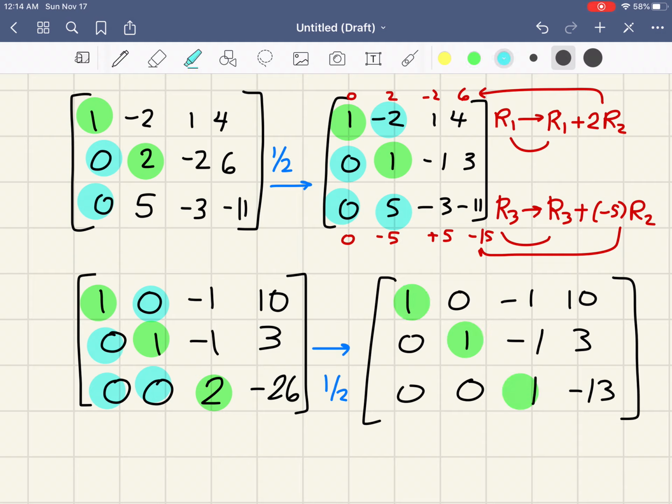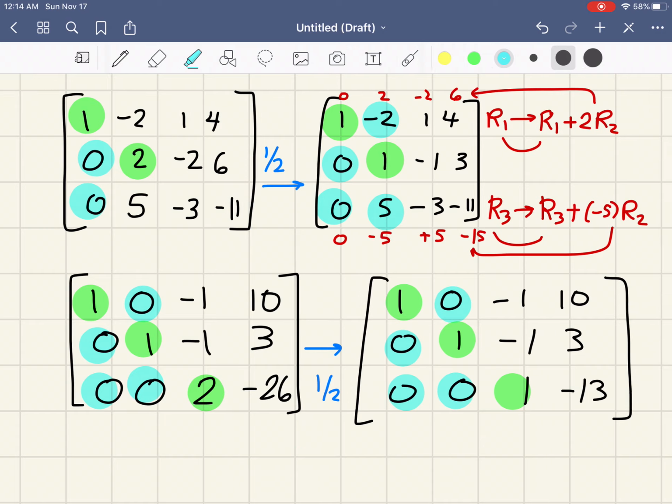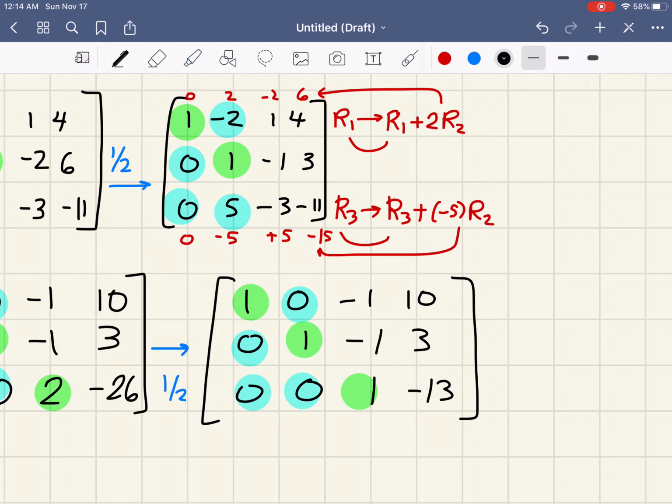We have the zeros to the left of the leading 1s and above this one. And now, as before, we want to zero out above this leading 1 right here and here to get the reduced row echelon form. So we're going to use our new leading 1 row to help us.